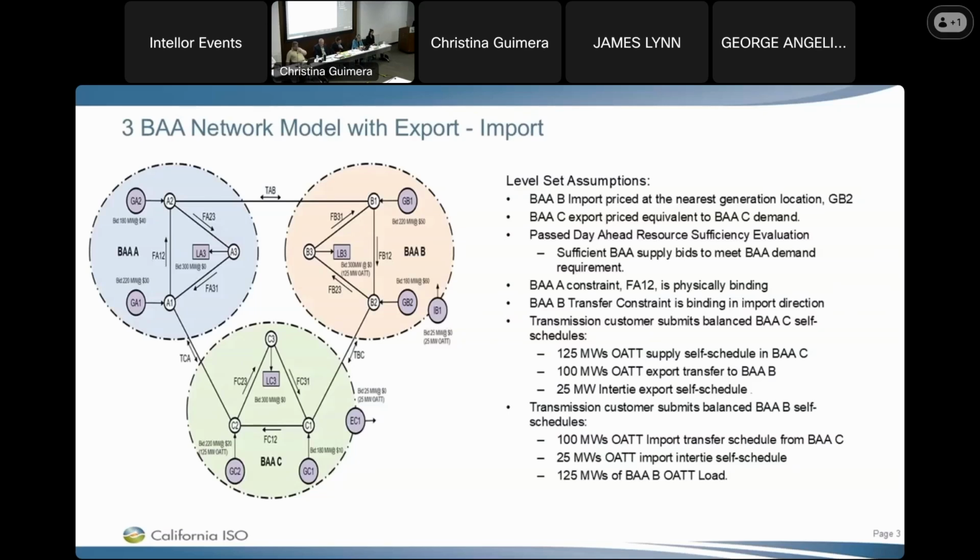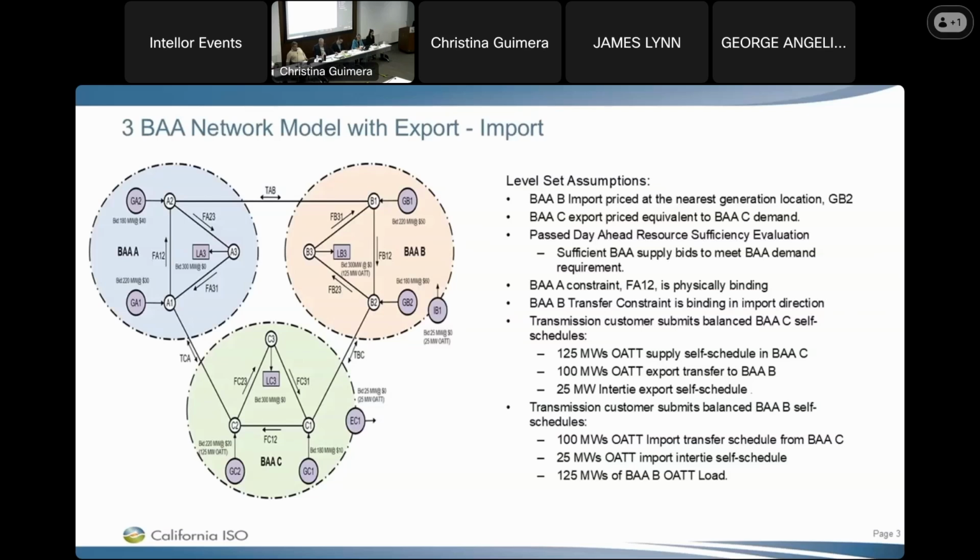For the import, I have it going into BAB, so the closest generator was generator B. I didn't set up a separate nodal model for the import, so I had to make a few assumptions. For BAC, I have an export that's going to a non-EDAM BA, so I price it as a demand. So it'll have the same pricing as a load within that balancing authority area. All the BAs pass the resource efficiency evaluation test.